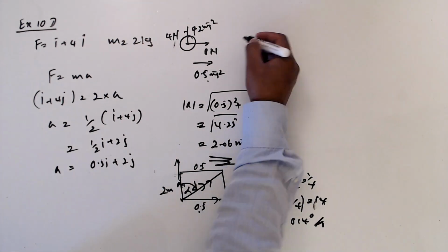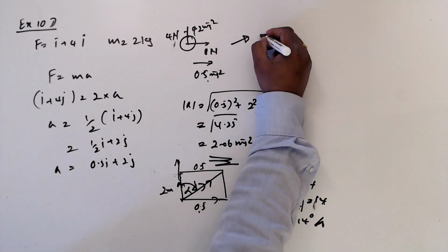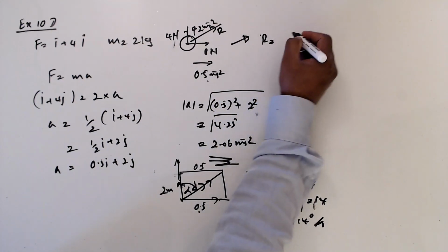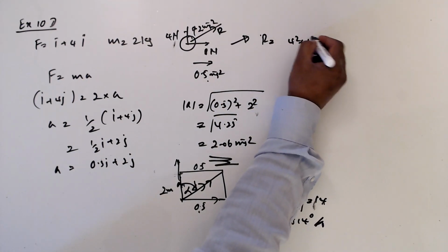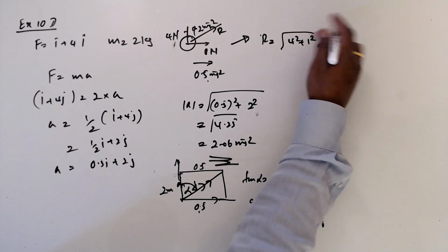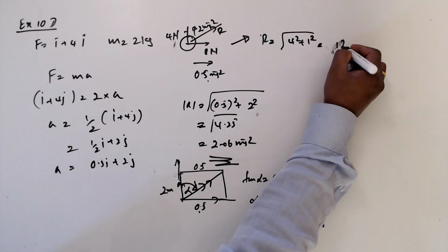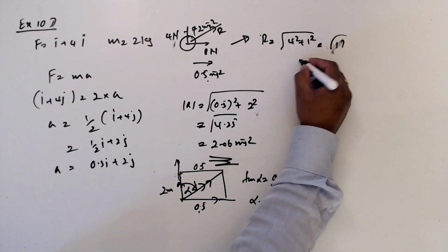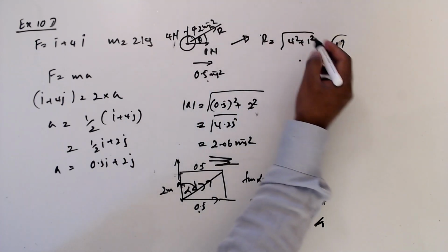So if we want, we can find the magnitude of the resultant force: R equals the square root of 4 squared plus 1 squared, that is the square root of 17, and we can find the direction of the force.